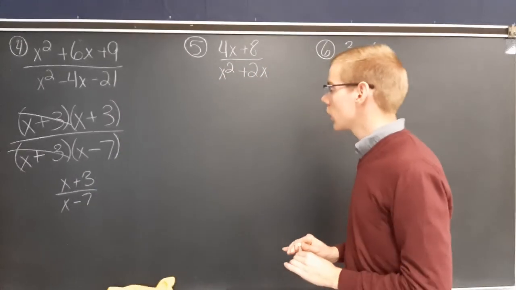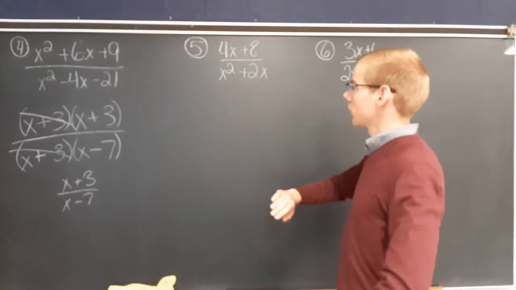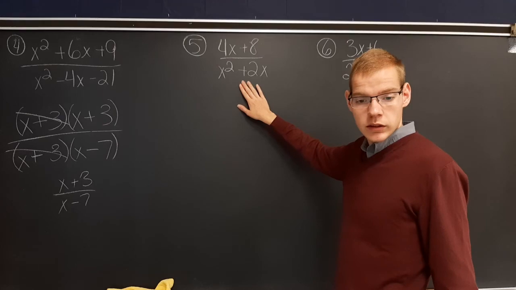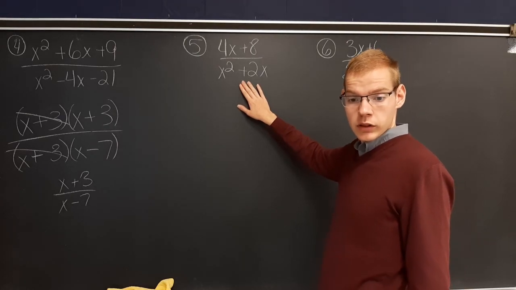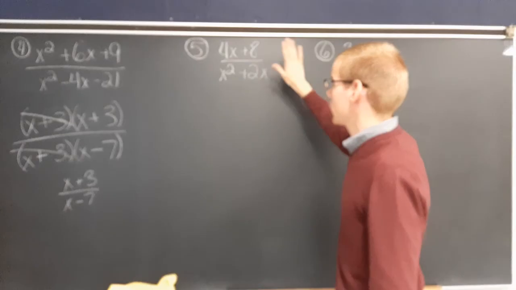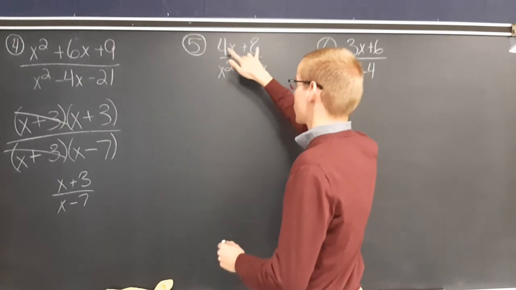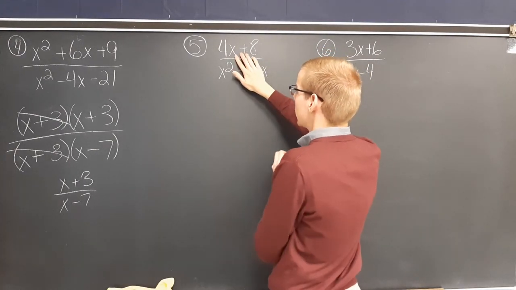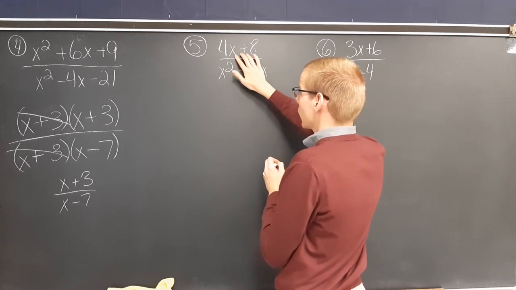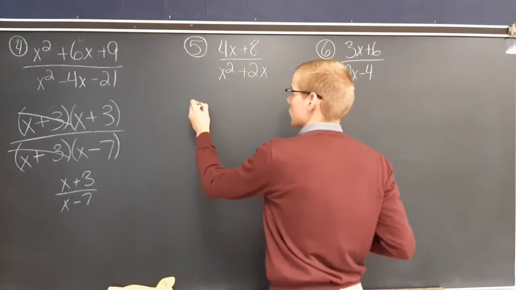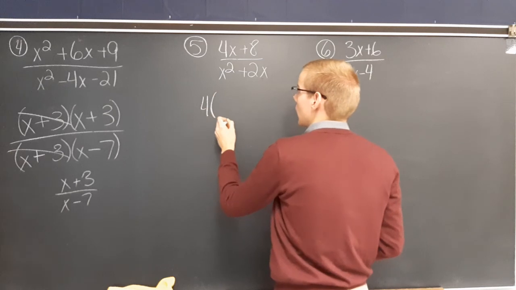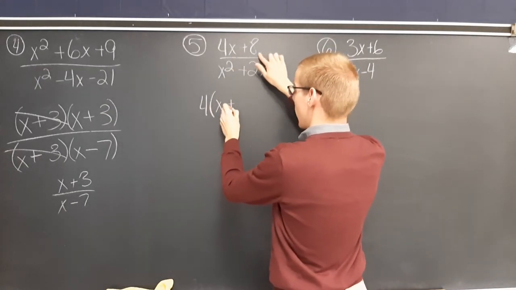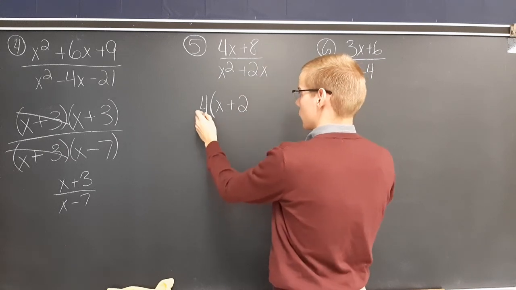Now, going on to this one. We did one of these in number 3, and we need to do that with both of them, since there are numbers in common in both of them. So 4 can go into both numbers. And then what do we have left? We have an x left here, and we have 2 left here, so 4 times.